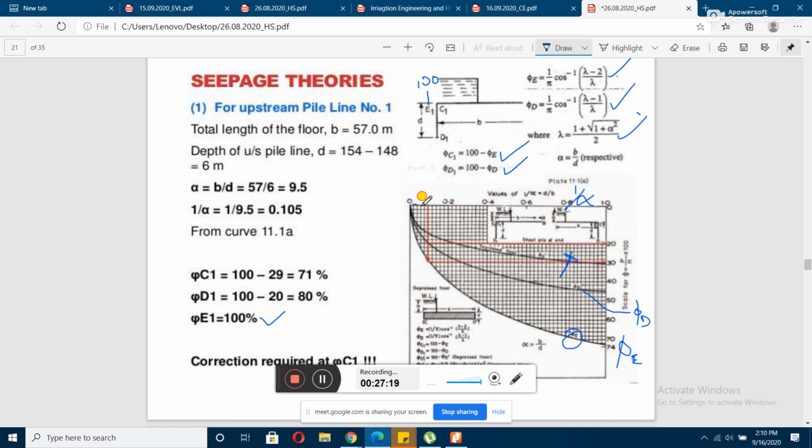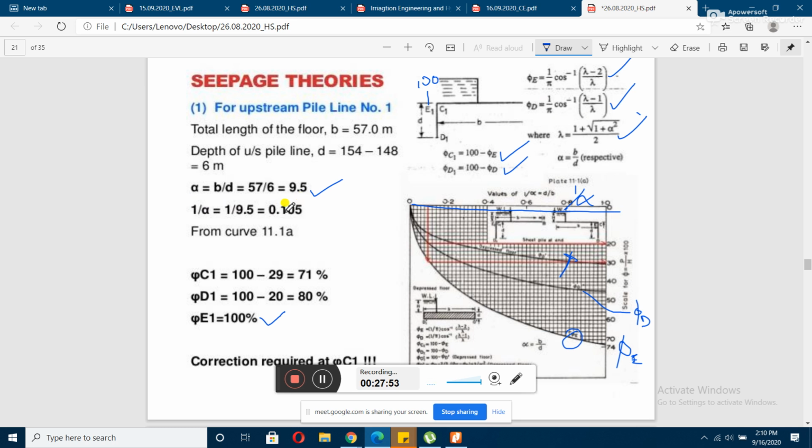Whether you use the mathematical way or the graphical way, you have to find alpha. If you use the mathematical way, you need not find 1 by alpha, you can directly substitute these values. But if you use the graph, as this axis represents 1 by alpha, you need to get the value of 1 by alpha.